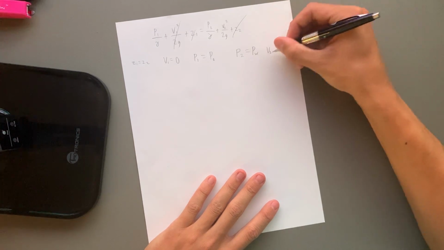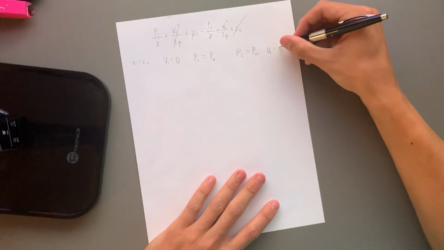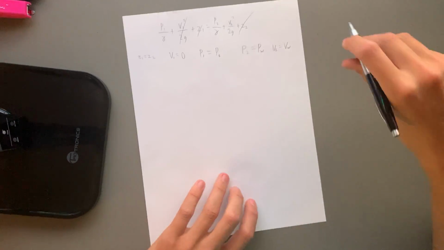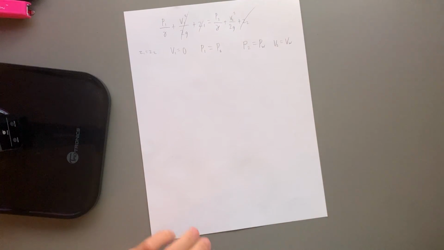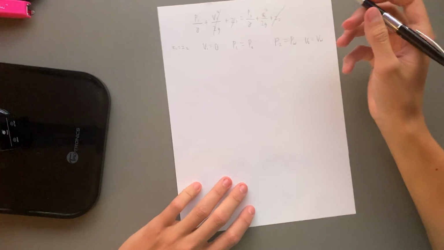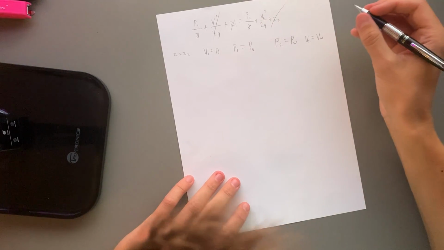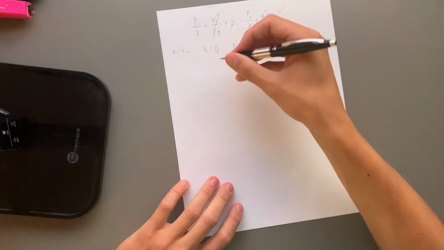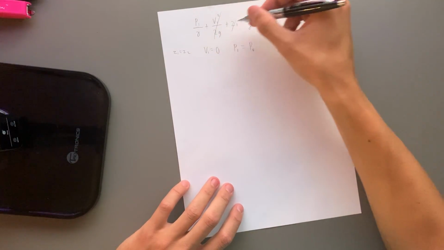And our V2 is going to equal our velocity on the wall, which we found in part B. So we'll be bringing that in a little later. All right, so now we can rewrite this whole thing with our given variables that we need while also canceling these out.